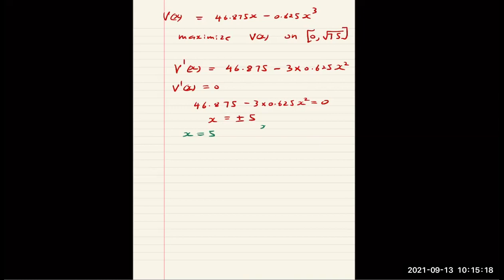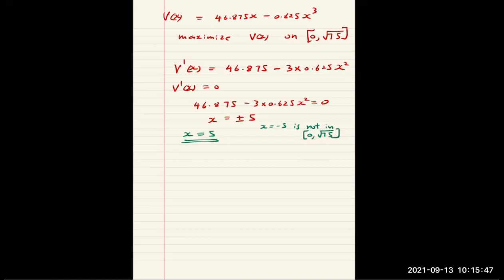X equal to minus 5 is not in the interval we are interested in, not in 0, square root of 75, so we are not going to deal with that. This is the number that we are interested in. Clearly, x equal to 5 is inside this interval. The square root of 75 is a number which is bigger than 8, so this 5 should be in the interior of this interval.